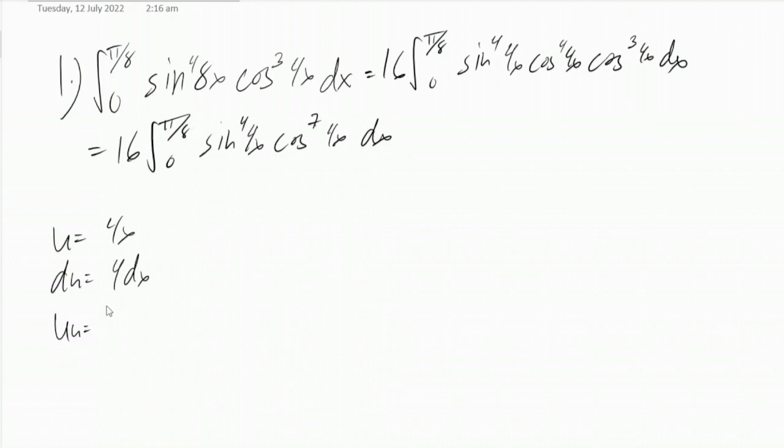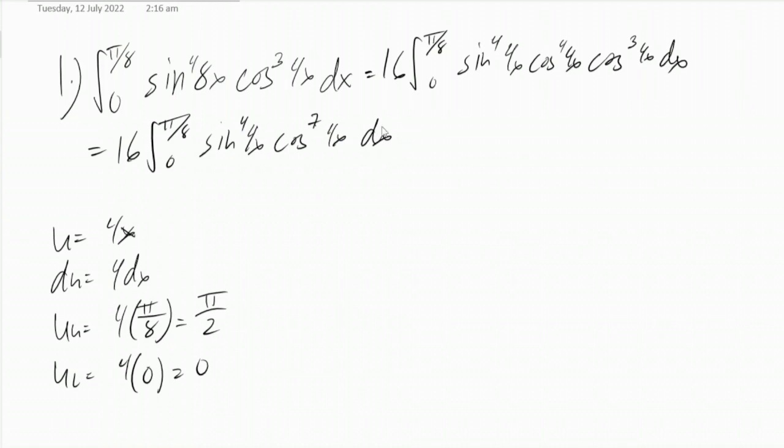The upper limit first: we have 4 times x, so we substitute the limit, 4 times pi over 8. 4 divided by 8 is pi over 2. And then the lower limit, we have 4 times 0, which is just 0.